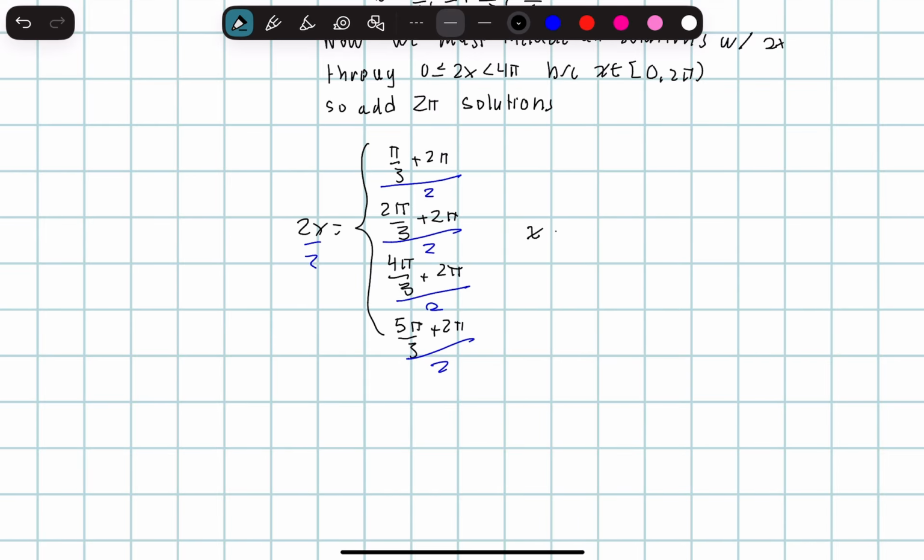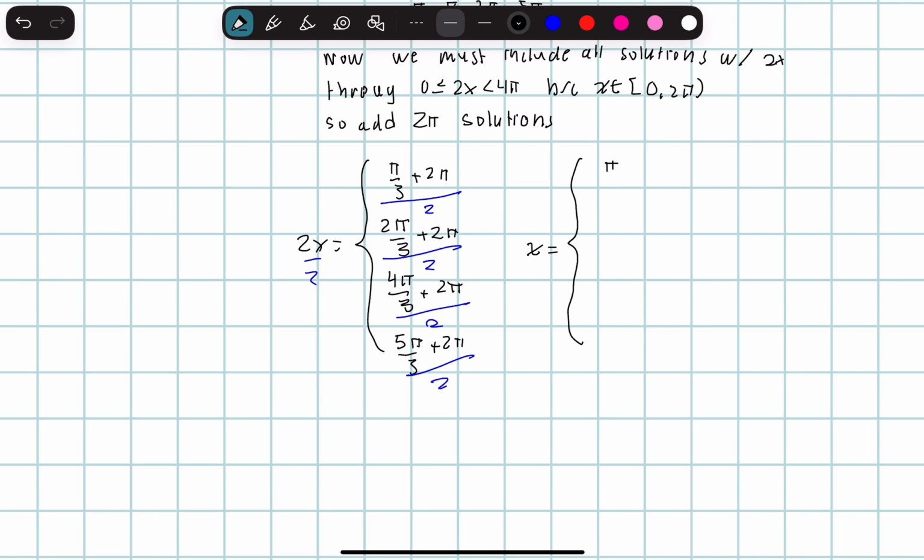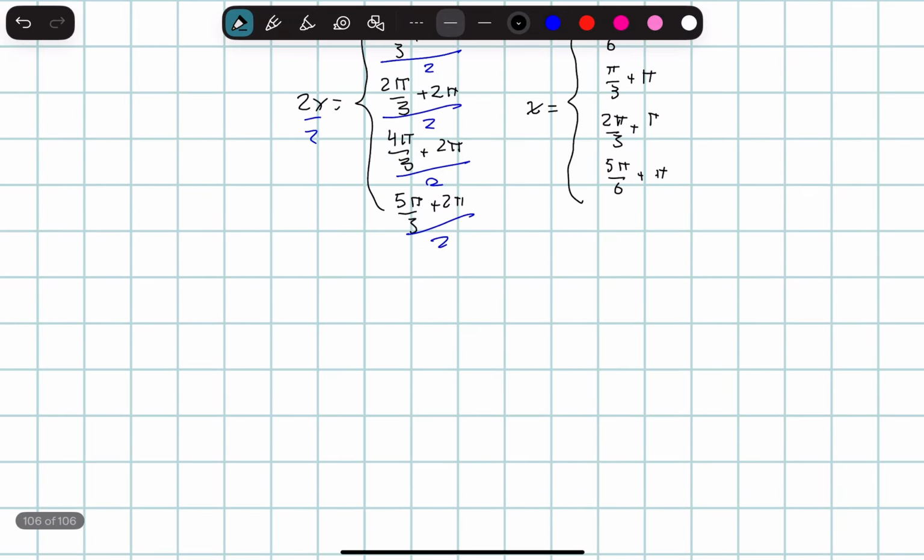This becomes x is equal to pi over 6 plus pi, pi over 3 plus pi, 2 pi over 3 plus pi, 5 pi over 6 plus pi. So that means that you get x is equal to 7 pi over 6, 4 pi over 3.